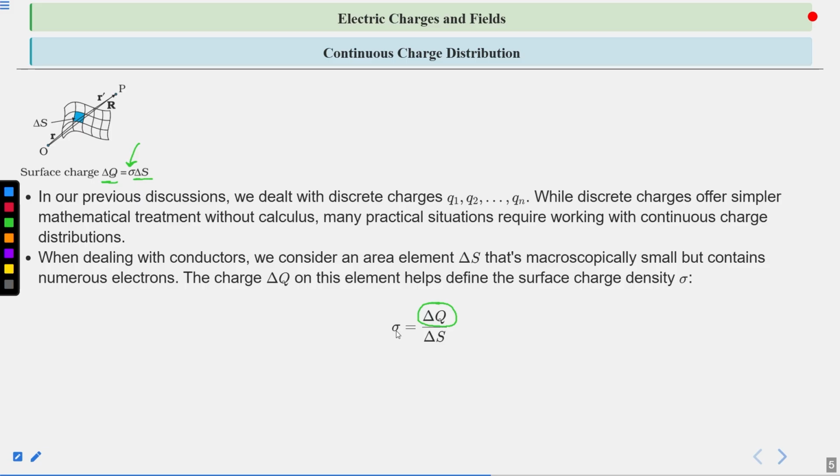So sigma is equal to delta Q divided by delta S. This relation is important when we solve questions related to surface charge density. So remember this: sigma is equal to delta Q divided by delta S.